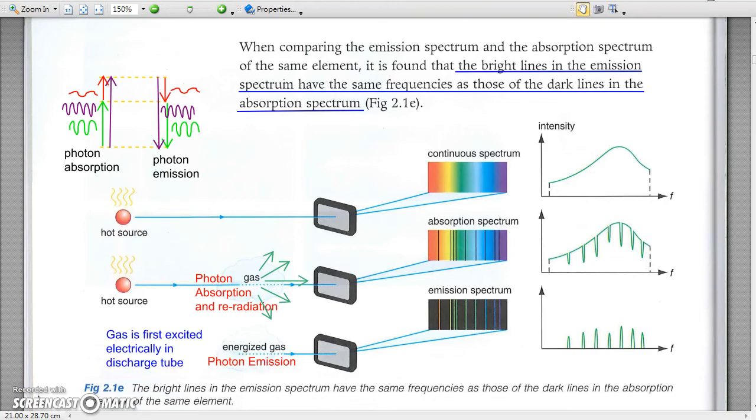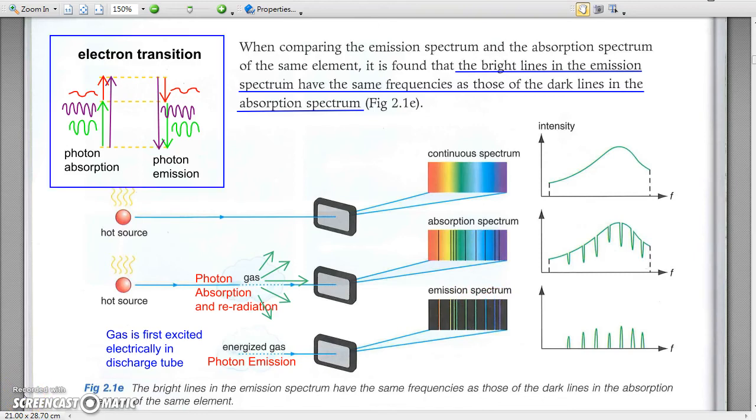Scientists compared the lines in the emission spectrum with those in the absorption spectrum of the same element. They found that the wavelengths of those lines are exactly the same. We now know very well those lines are due to the electron transitions inside the atoms of the element.